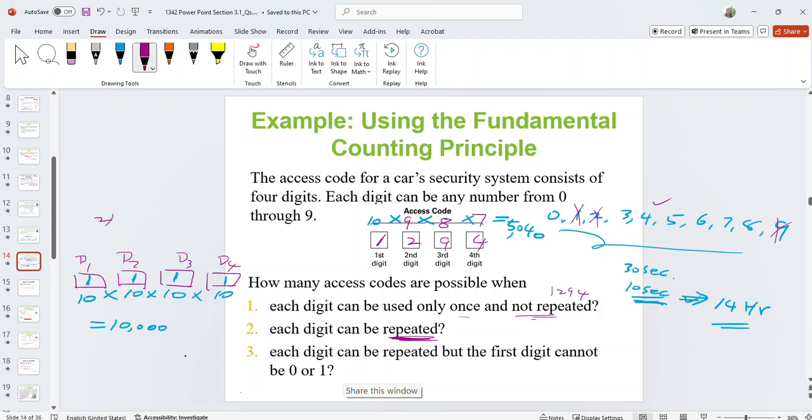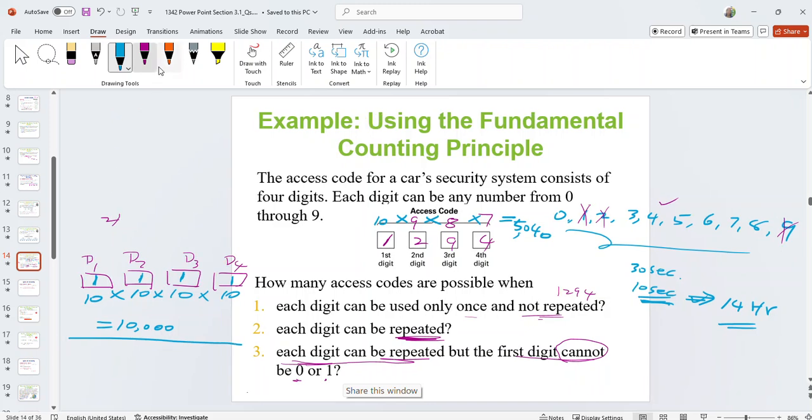Okay, the third one is a little bit tricky. It says each digit can be repeated, but the fourth digit cannot be 0 or 1. So how do we do this one? All right, so let's do another one right here. Now we are going to have digit 1, 2, 3, and 4.